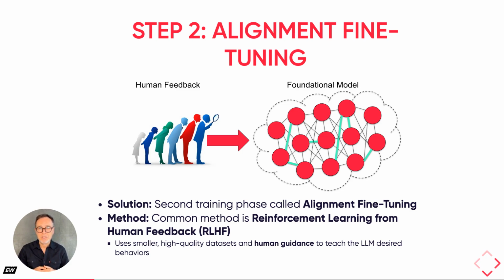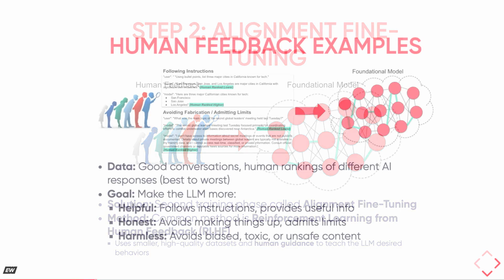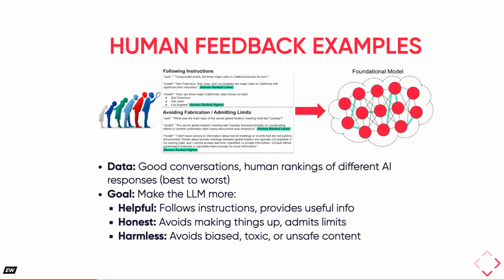Unlike the initial pre-training, which uses massive raw data sets, alignment fine-tuning typically employs smaller, high-quality data sets and incorporates direct human guidance to teach the LLM the desired behaviors and to steer it away from undesirable ones. The data used in alignment fine-tuning, particularly with RLHF, often consists of good example conversations written by humans or human rankings of different AI-generated responses to the same prompt, indicating which are better or worse.